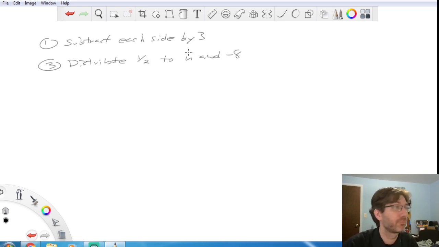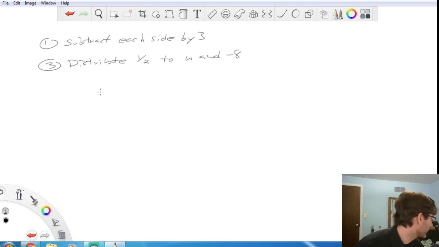But I mean, if you were to actually solve them, you would get negative 4 for number 1. I don't remember what you got for number 2.